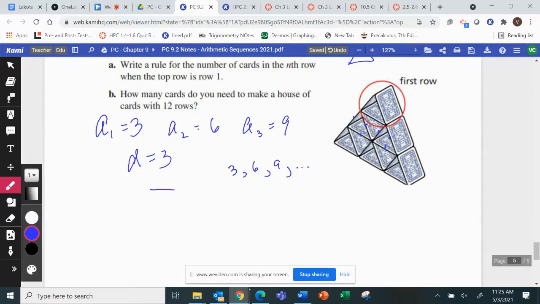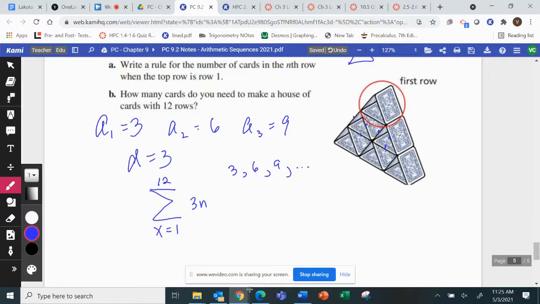We want to find the sum from the first layer through the 12th layer. So I need the equation that I'm plugging those into. So 3n, what's the rest of it?